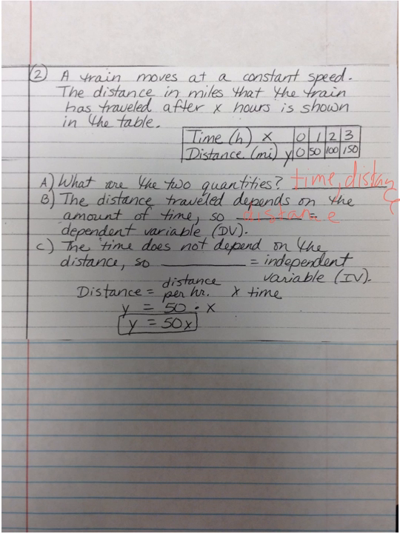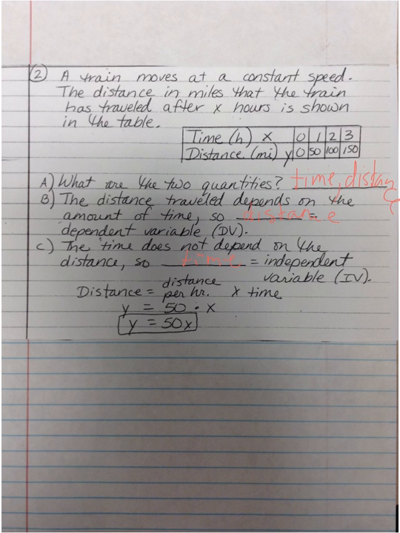Then the time does not depend on the distance because we're really looking more at how far the train goes. Because the time doesn't depend on the distance, it's the other way around, that means time is the independent variable. And we'll abbreviate that with IV. So then to create an equation, we would say the distance is y.